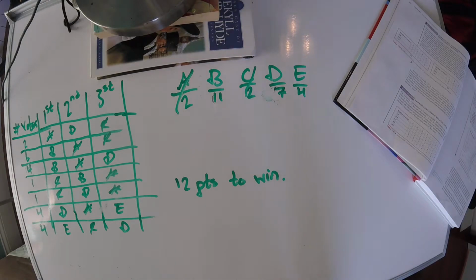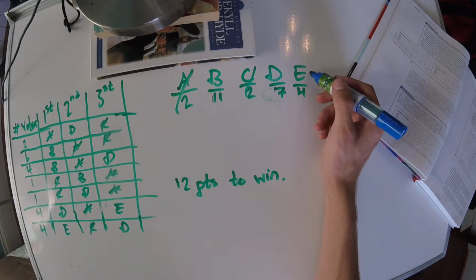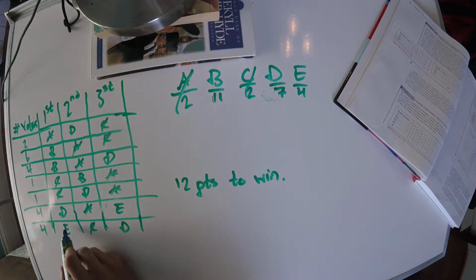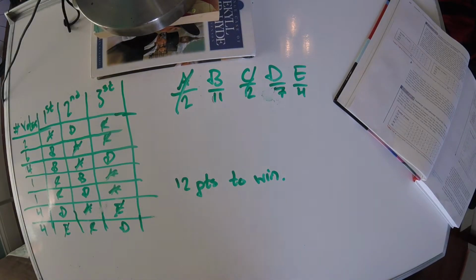Okay, so moving on. Notice that still no candidate has the majority yet, so we go again. Now we're eliminating E, so let's cross out every E. That's every E, and let's try to give E's points away. So everyone who voted for E first voted for C second.